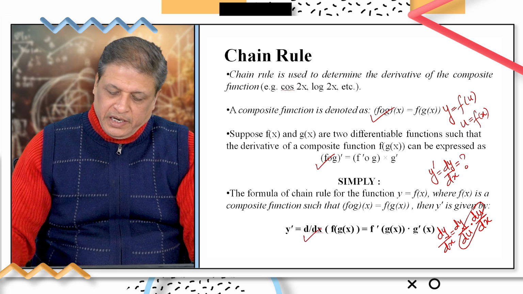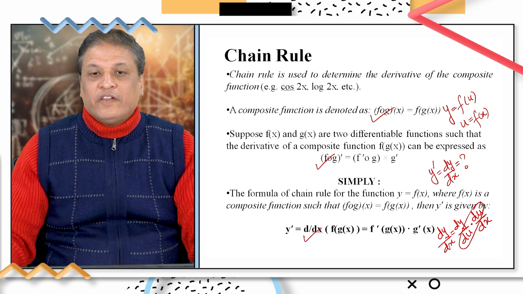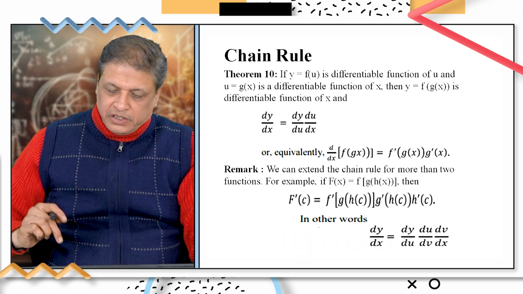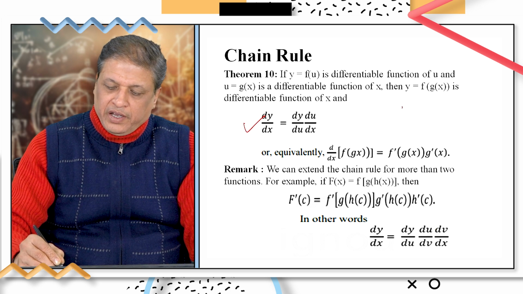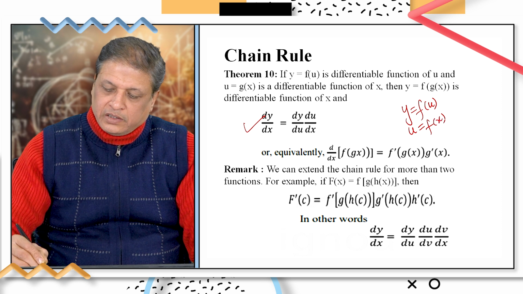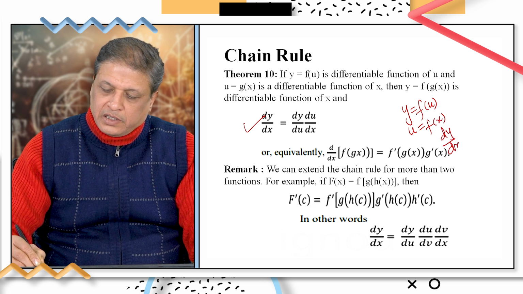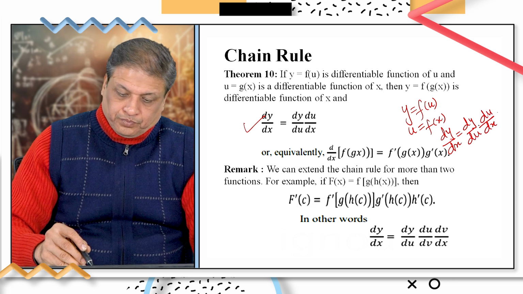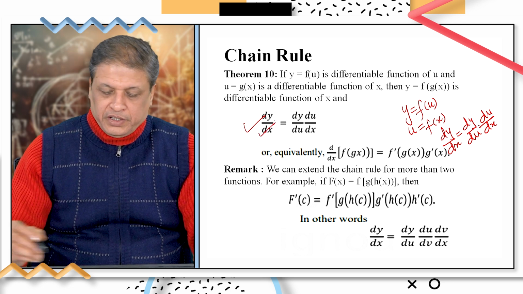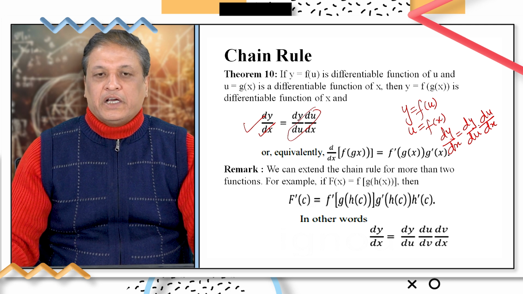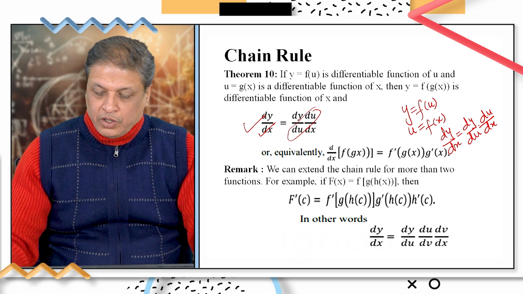So this simply says that d/dx of f of g of x is equal to derivative of f of g of x into derivative of g of x, and it simply says that if y is a function of u and u is a function of x, then dy by dx is dy by du into du by dx. This is the formula, and this chain is established by this parameter u.